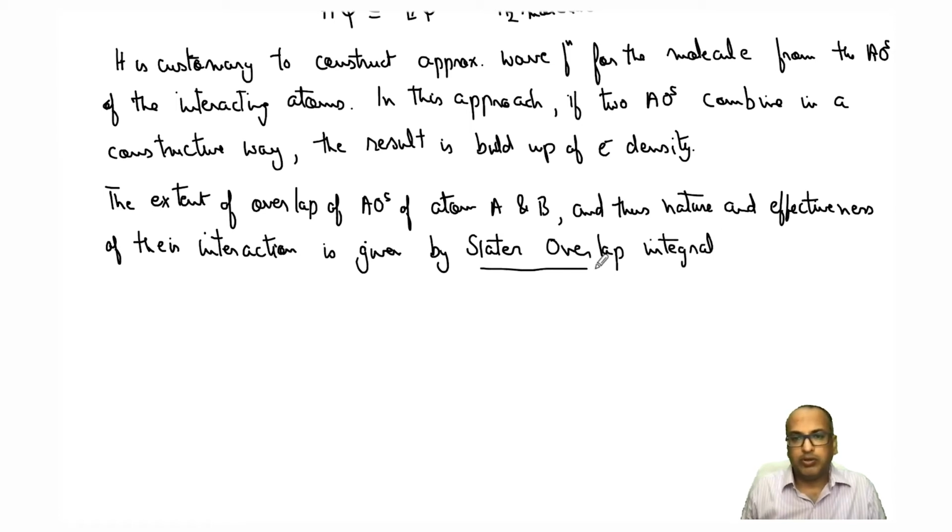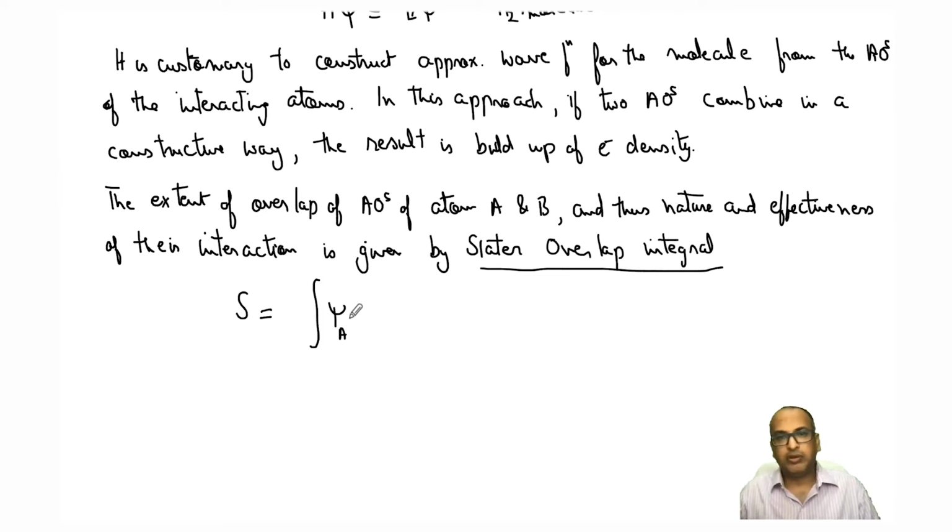So what is the Slater overlap integral? It is defined as S equals the integral of psi A psi B d tau, where psi A is the wave function describing the atomic orbital of atom A, and psi B that of atom B. Of course, there are going to be boundary conditions and so on.